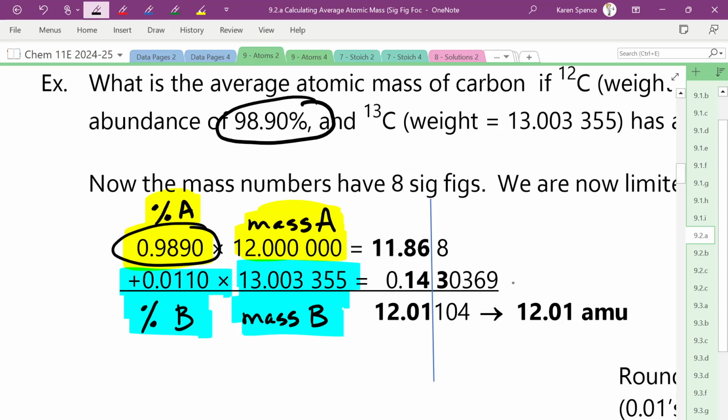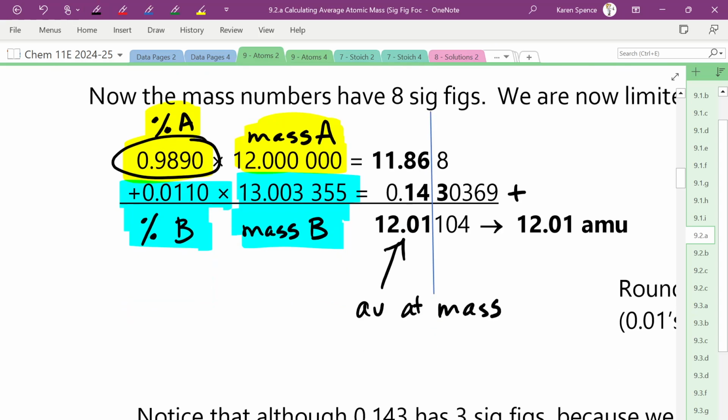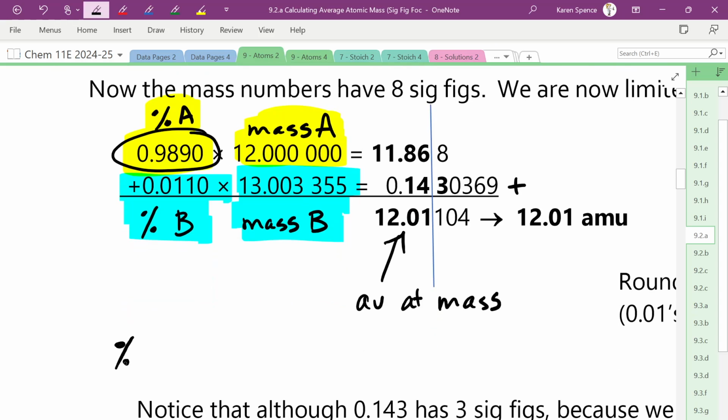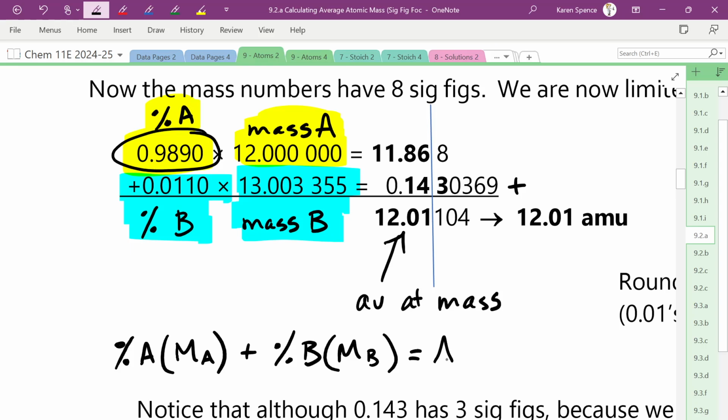We add them, yes, and we get our average atomic mass. So we took the percent of A times the mass of A, and we added it to the percent of isotope B multiplied by the mass of B. So far, so good. And when we added those together, we got the average atomic mass.